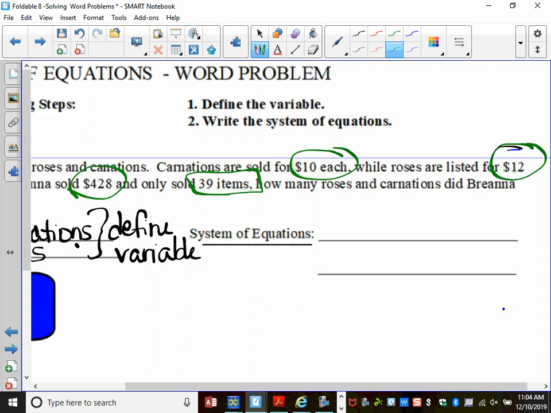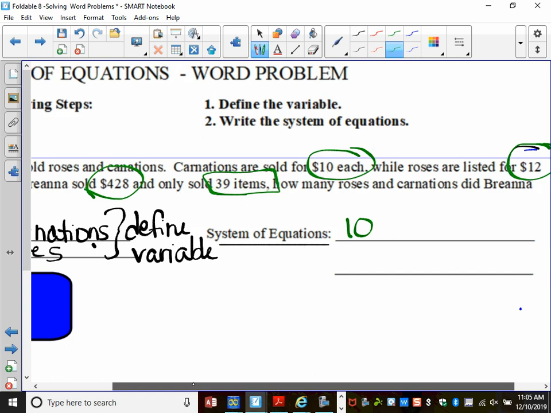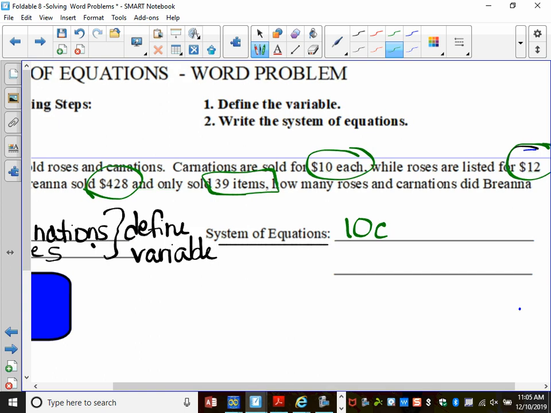Carnations and roses. Okay, so our two equations would be 10, and this is carnation, so 10C plus 12R equals 428. And my items that I'm selling are carnations, C, and roses, and I have 39 items. So there are your two equations right there.